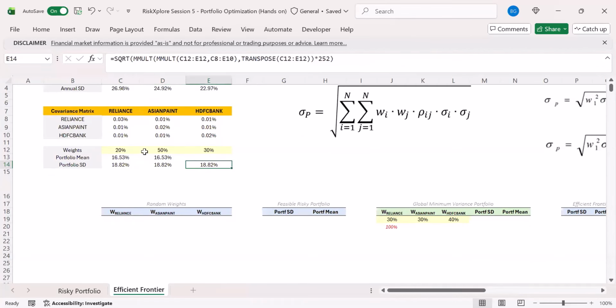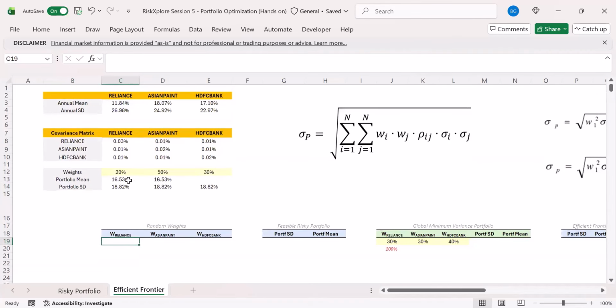Now what we have to do is generate some random weights for each of these stocks. We have portfolio mean, we have portfolio SD. Now our next task is to generate random weights for each of these stocks.